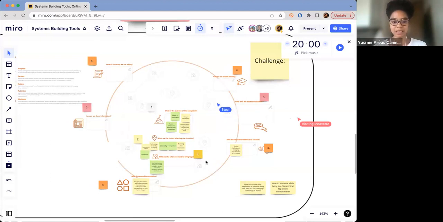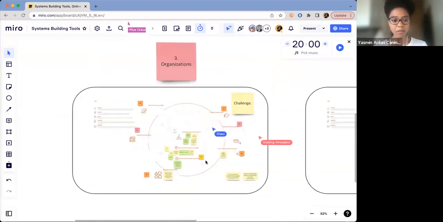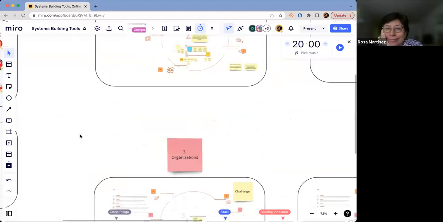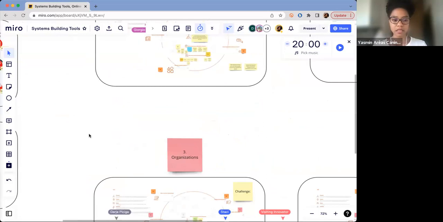So this is the second part of this exercise. I'm going to put you in breakout rooms again, the same ones, and the idea is to continue on numbers 4 and 5. Makes sense? All right, I'll give you 20 minutes again. I'll open the rooms, and have a good work.